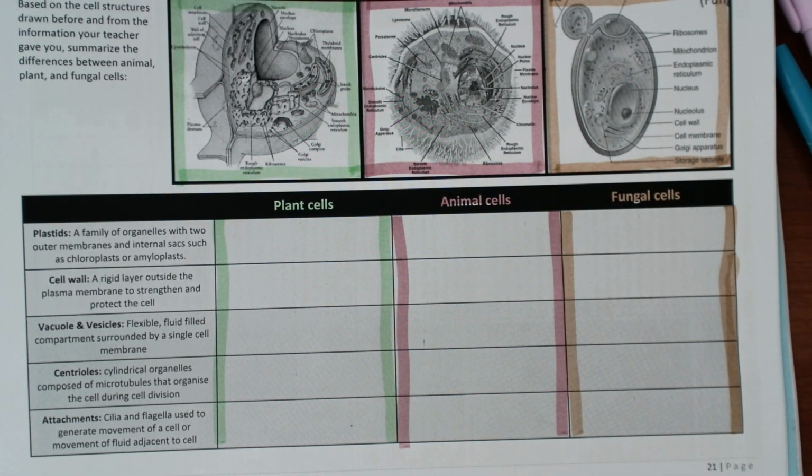To flip backwards in my note sheet. So for plastids, how to explain this? They're organelles that have outer membranes and then separate sacs. So although mitochondria also have a double membrane, they don't have internal sacs in the way that chloroplasts or amyloplasts do.